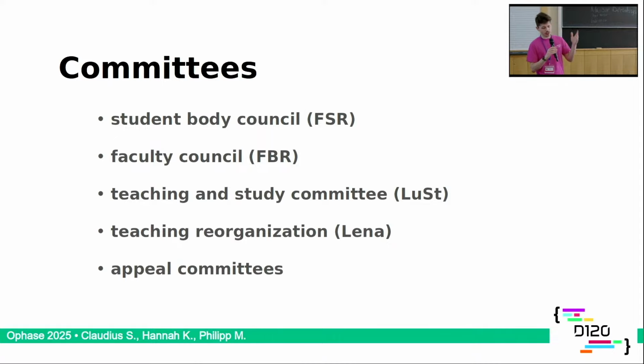And then there's the LUST, the teaching and student committee, where the people of us that are elected there decide with the department how the teaching changes. For example, when we introduced the new English masters, the LUST had the idea and they created the masters.